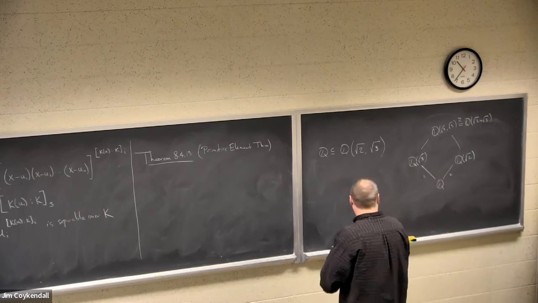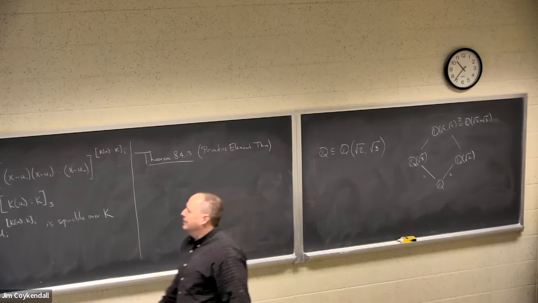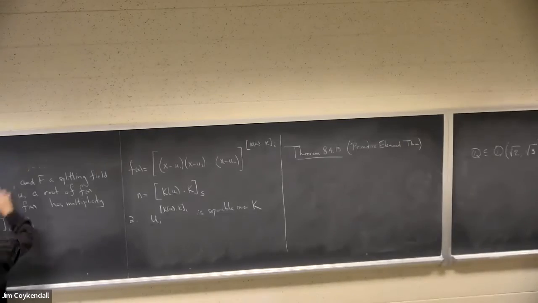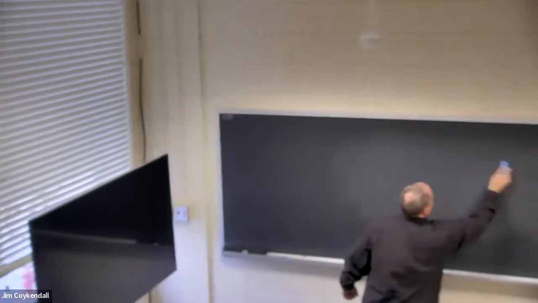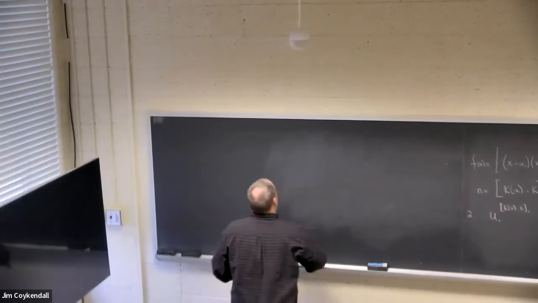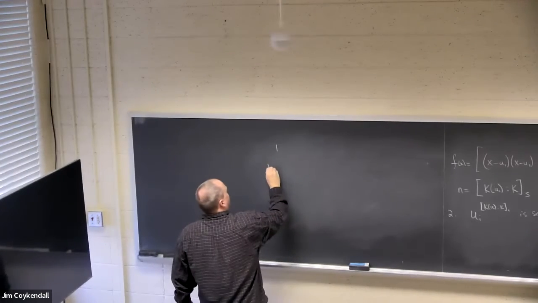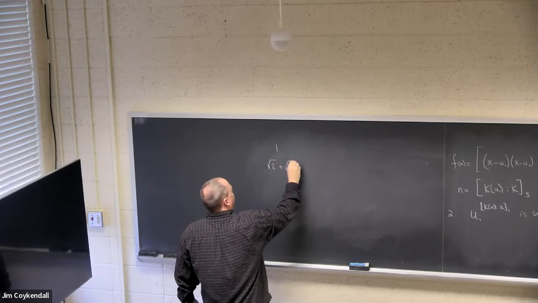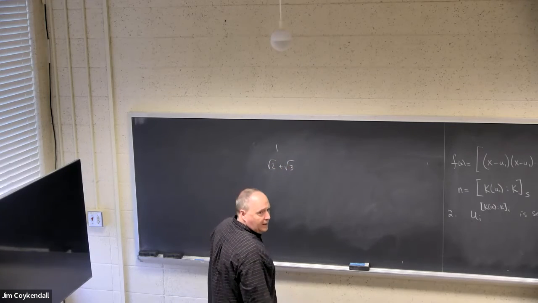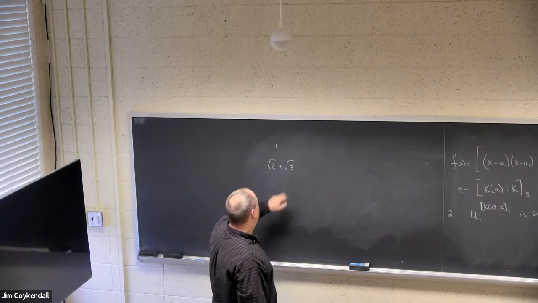And basically, the basis here is 1, radical 2 plus radical 3, and now you can square this, right?